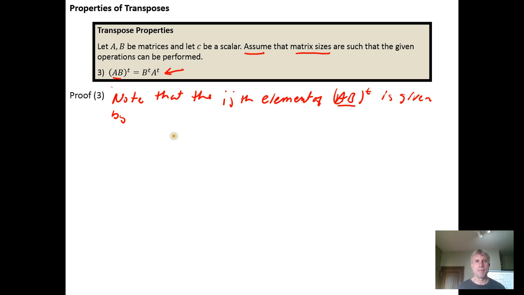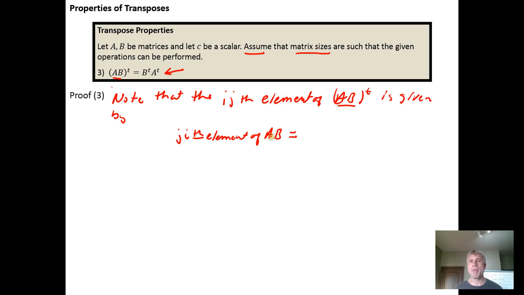So it's given by the jith element of AB. So the ith row jth column element of the transpose is the jth row ith column element of AB, because the columns become rows and the rows become columns when we take the transpose. How do you get the jith element of AB?